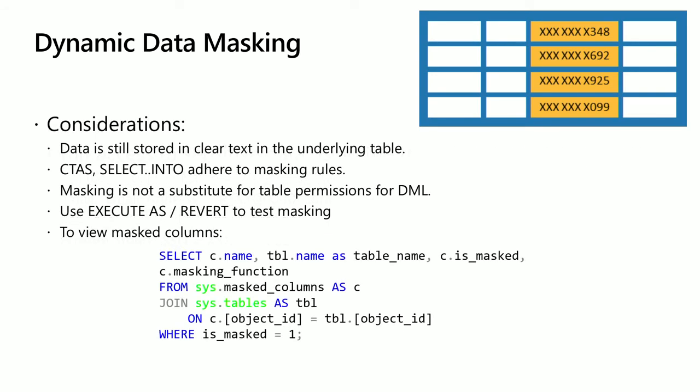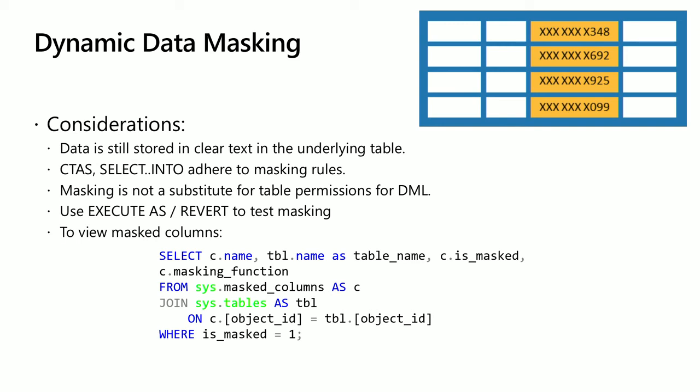Some considerations, like I mentioned before, data is still stored in clear text in the database. So this isn't encryption. This is just obfuscating the data on return to the client. CTAS and select into adhere to the masking rules. So if you don't have proper unmask permissions, when you select the data, you're going to get masked data.